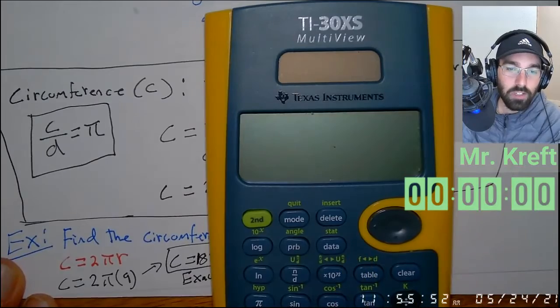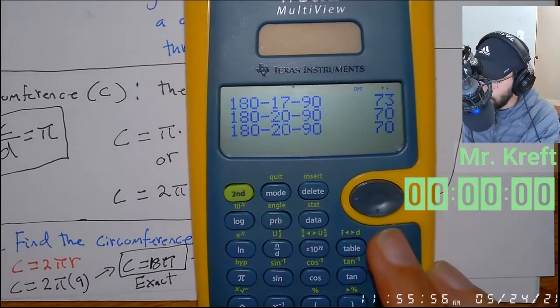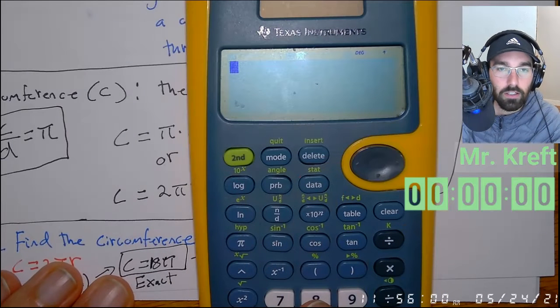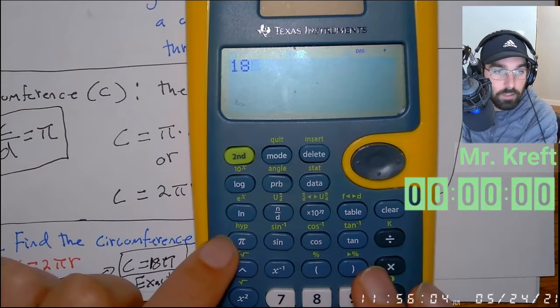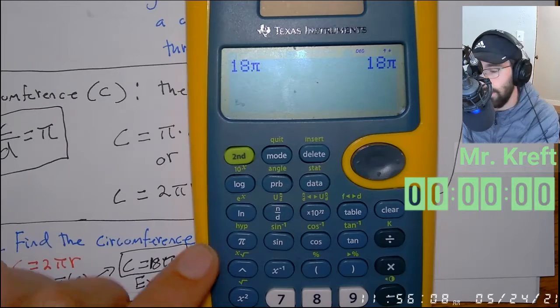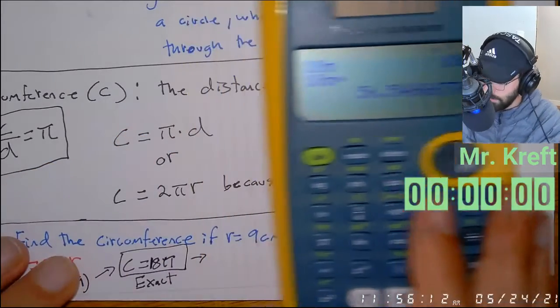That's how easy it was to get the exact. And then in our calculator, I can't stress this enough, you never ever want to round pi. There is a pi button on your calculators, whether you're using a physical calculator or Desmos. So we're going to say 18, and on this calculator, pi is right here. And then I'm going to hit enter. Now this calculator is kind of annoying. It only tells me that, so I'm going to go like this.